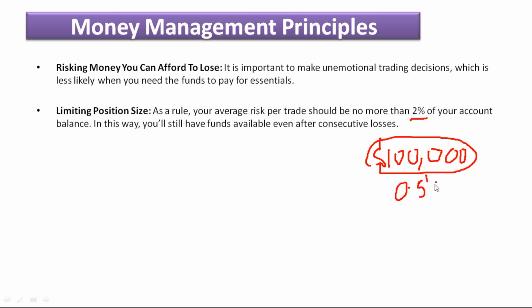Don't forget, trading is all about compounding. So if you try to compound your money, you're going to get something tangible out of it at the end of the day. So it's 0.5% per trade.